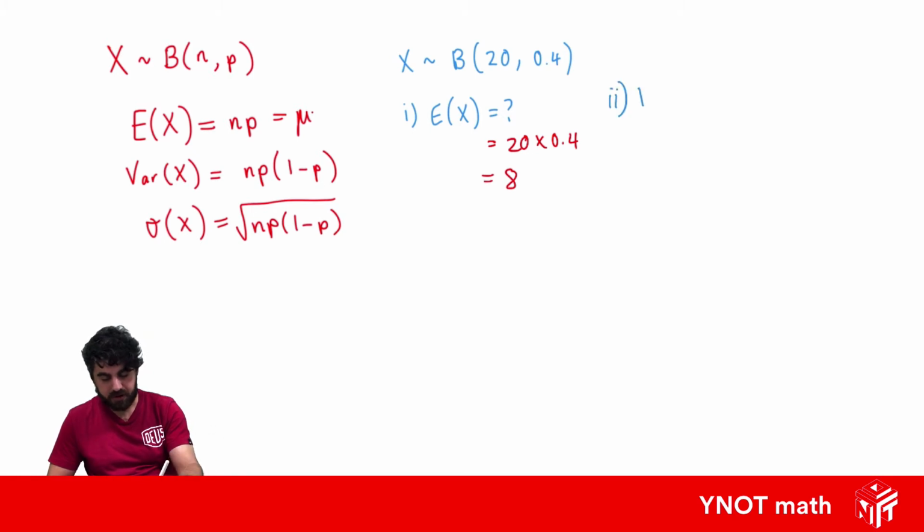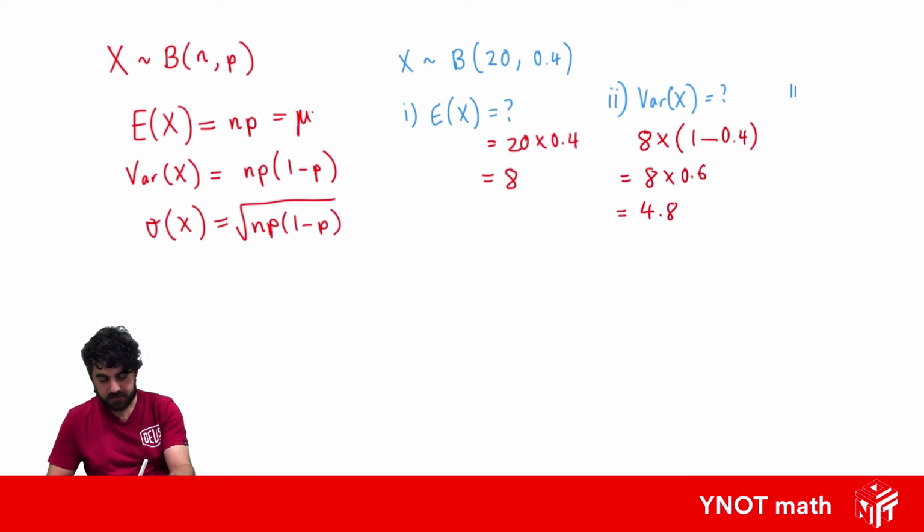What about the variance of x? Well, we know this just equals this here, which is just our expected value times 1 minus the probability of success. So we're just going to get 8 times 1 minus the probability of success, which is 8 times 0.6, which is going to give us 4.8.